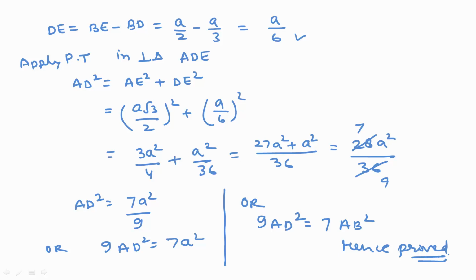Now see question number 16. In an equilateral triangle, prove that 3 times the square of one side is equal to 4 times the square of one of its altitudes. This is the very simplest question of this exercise.